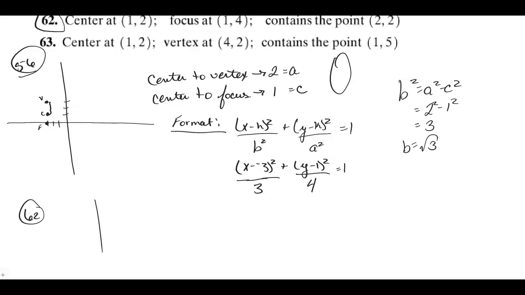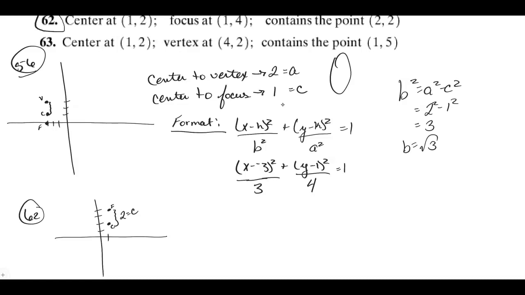So let's draw a picture of what we know. So the center is at 1, 2. I'll put a C here for center. Focus is at 1, 4. And we know the distance between those is 2. And the distance from the center to the focus is the C value.